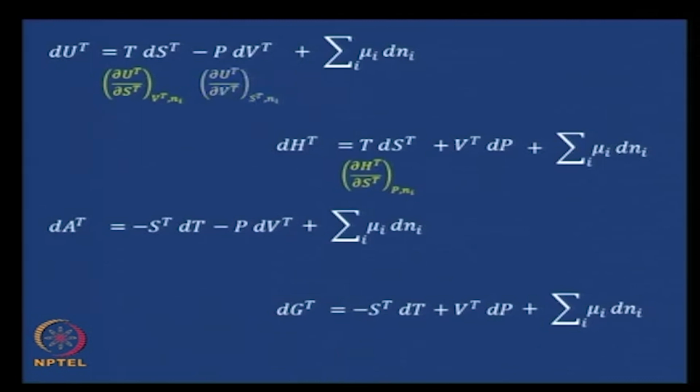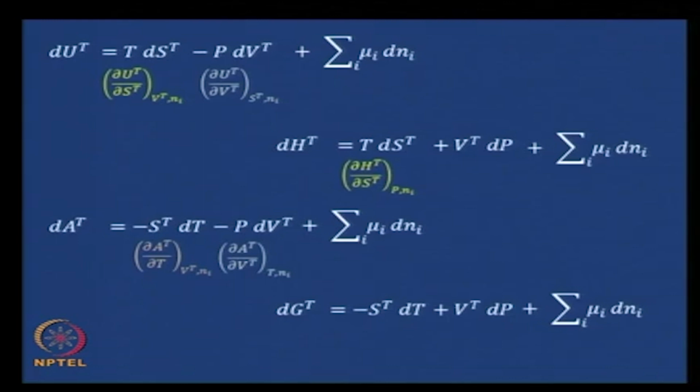Similarly, this term P can be written as dou Ut by dou Vt at constant St and ni. The same P here, which appears in this other equation, can be represented in terms of the Helmholtz free energy as dou At by dou Vt at constant T and ni. Now you get the scheme with which we are going to do things.